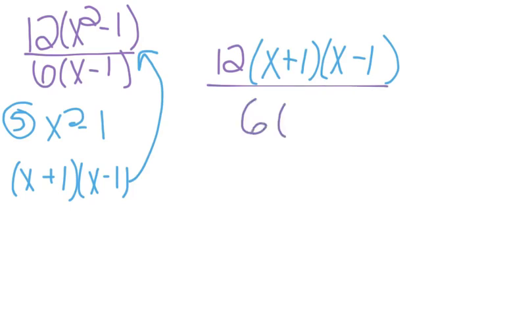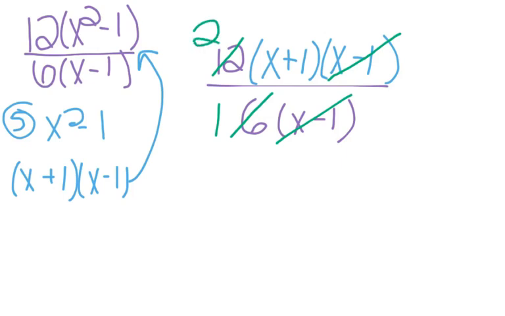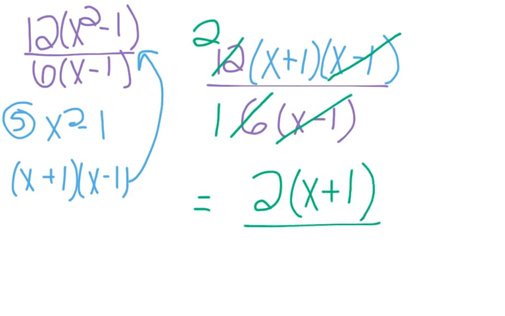And 6 times x minus 1 also remains the same. Now I can eliminate. So I have x minus 1 on top and the bottom. If I divide out 6 on the top and the bottom, 6 divided by 6 is 1, and 12 divided by 6 is 2. So now if I want to clean this up, I'm going to have 2 times x plus 1 over 1, or you can just write this as 2 times x plus 1.